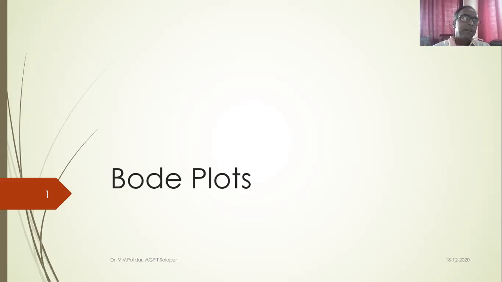While predicting the performance of the system, we make use of two approaches. First, I provide the time-based functions, that is called the time response. I provide step input, impulse input, ramp input, sinusoidal input.